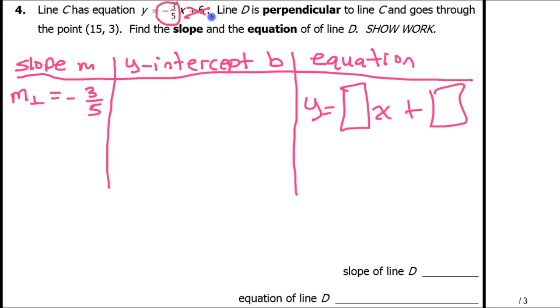Notice I'm not going to do anything with the y-intercept, so ignore the 6. That's not going to show up anywhere in the problem. So using the slope of a perpendicular line, I can come up with the slope that I'm going to use to write the equation. And that's because perpendicular lines have slopes that are opposite and reciprocal.